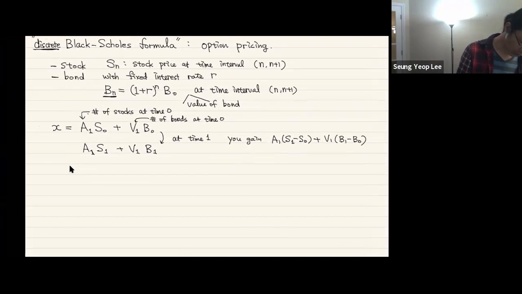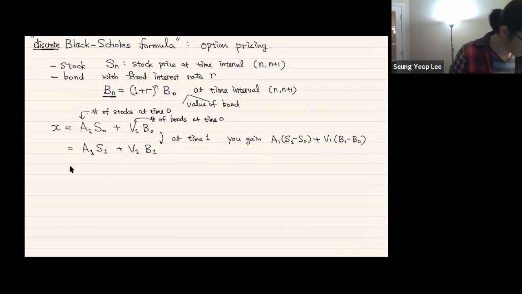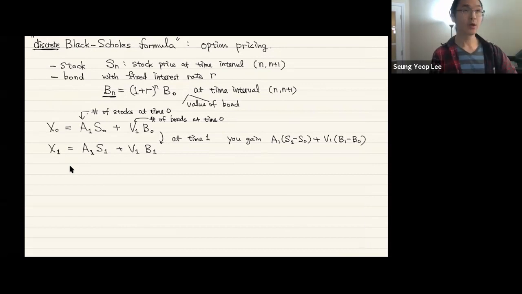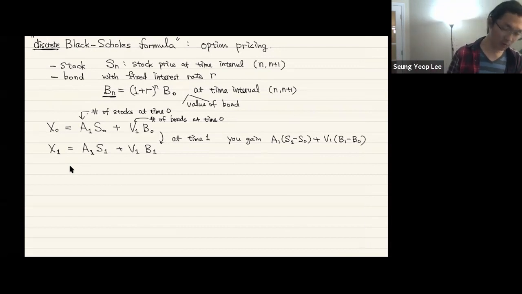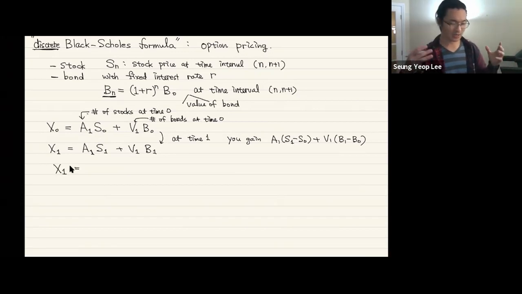So that's your new wealth X1. X0 is the starting amount of investment, and after the next step you get X1. Good. And with X1, you have your whole money, and then you can redistribute it between stock and bonds.